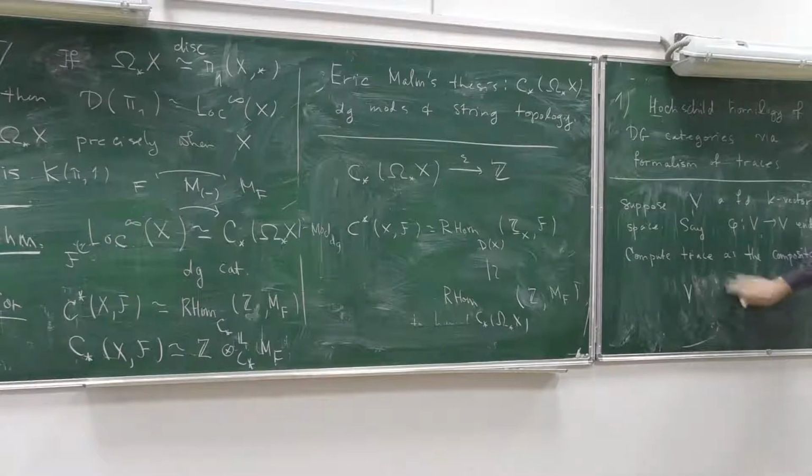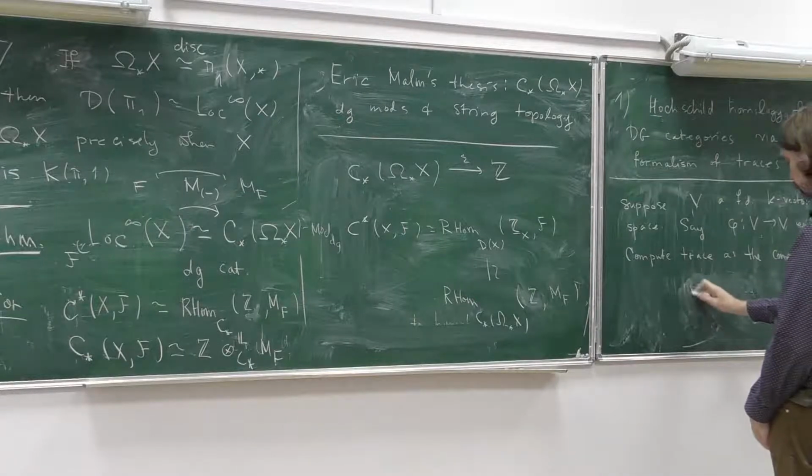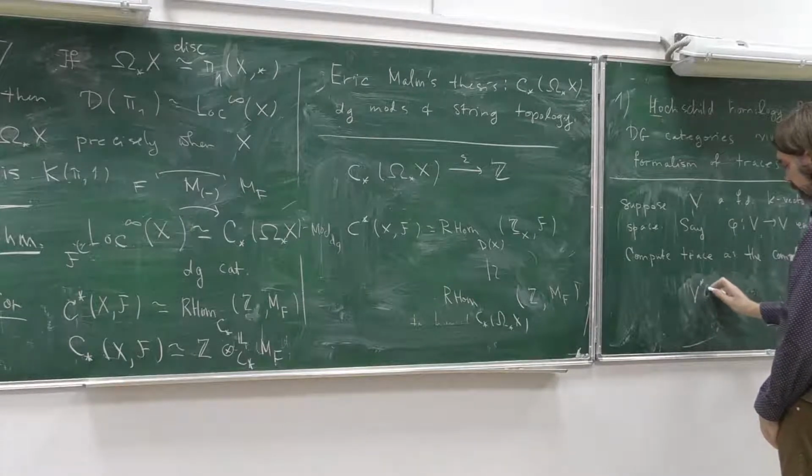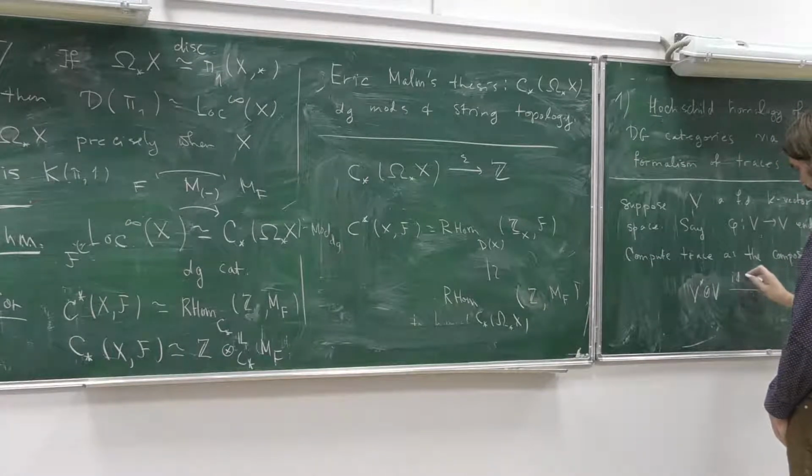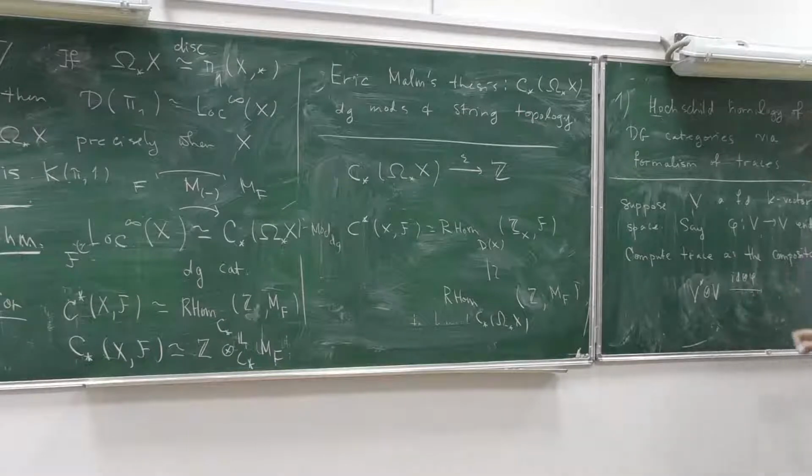Well, okay, I'm going to skip one little step because it's not important for what I want to say. So consider V dual tensor V. I could put the endomorphism on the second factor. Here, I have evaluation. I have a linear functional, I evaluate it on a vector. I get an element of my ground field.